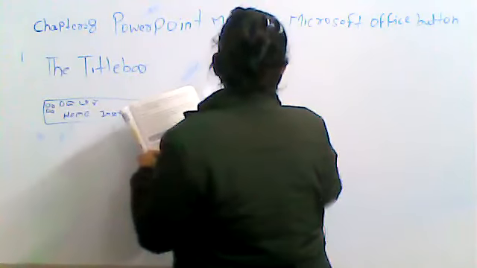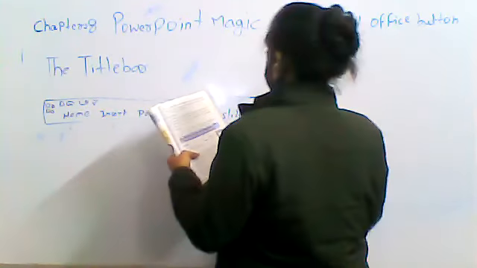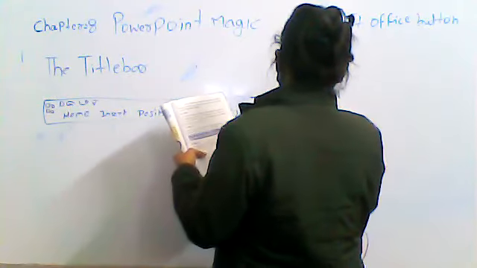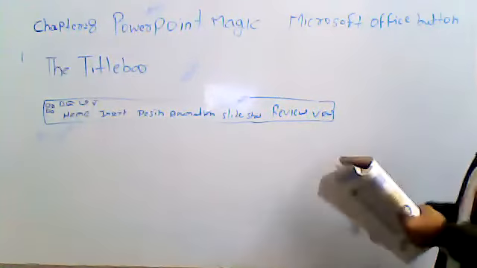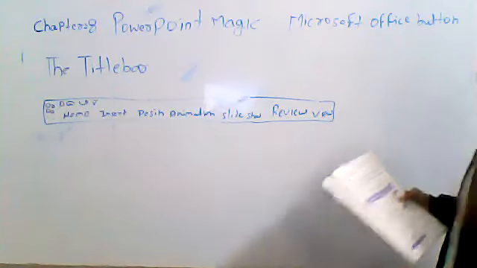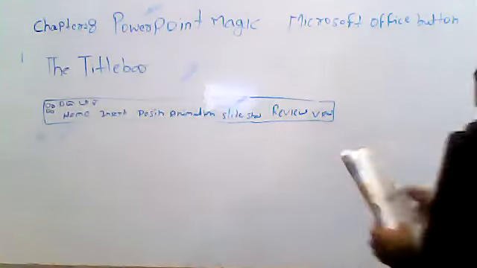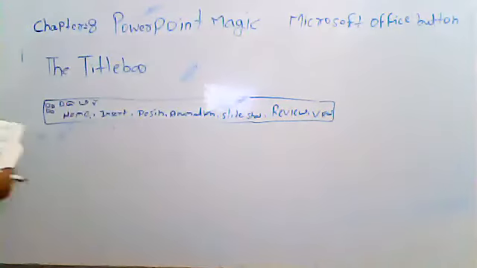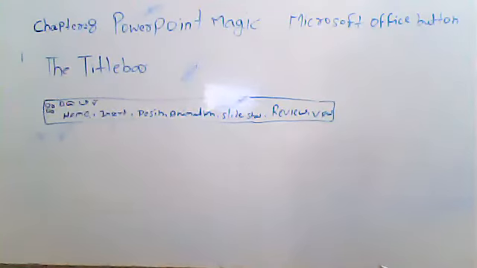And seventh, view. There are 7 main tabs: home, insert, design, animation, slideshow, review, and view, that are located at the top of the PowerPoint window.